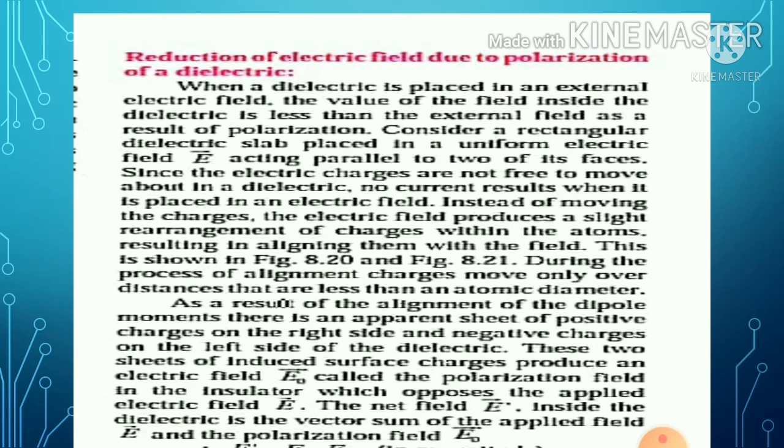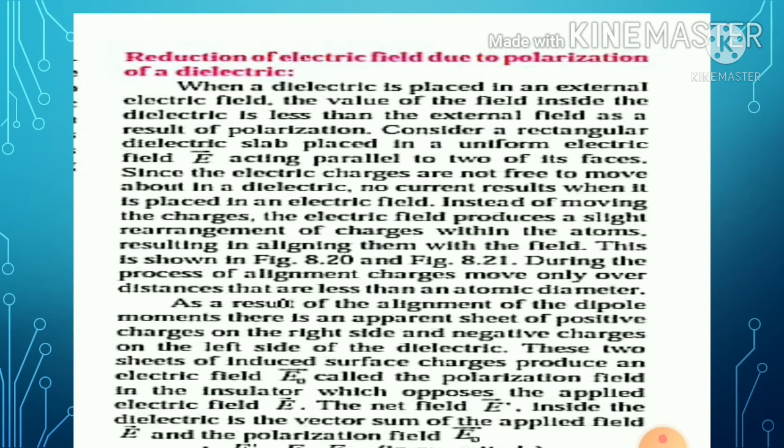After some time there is separation of positive and negative charges inside the atoms, which is shown in figures 8.20 and 8.21 in the previous lecture.